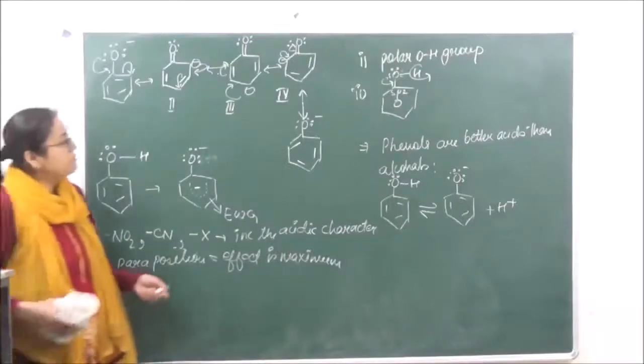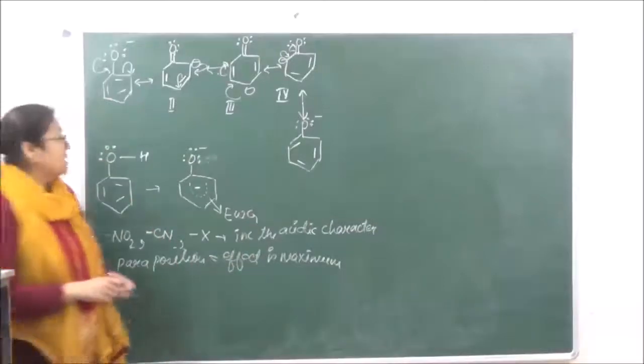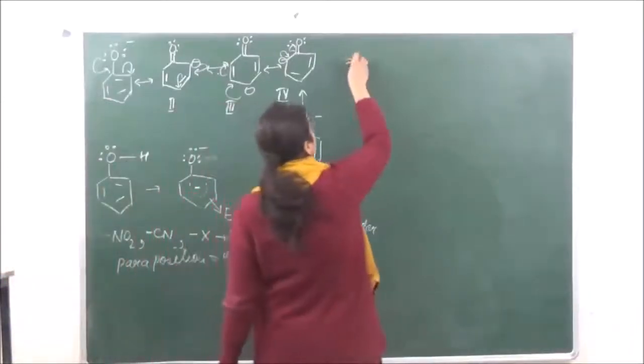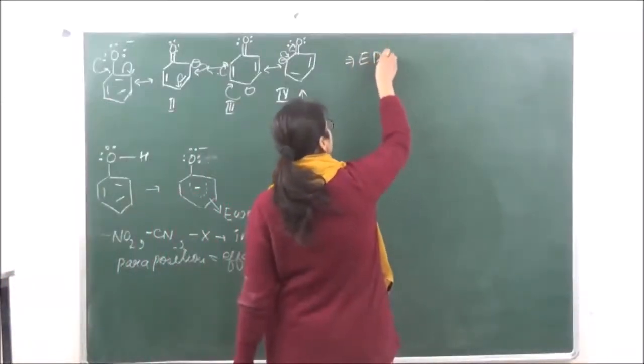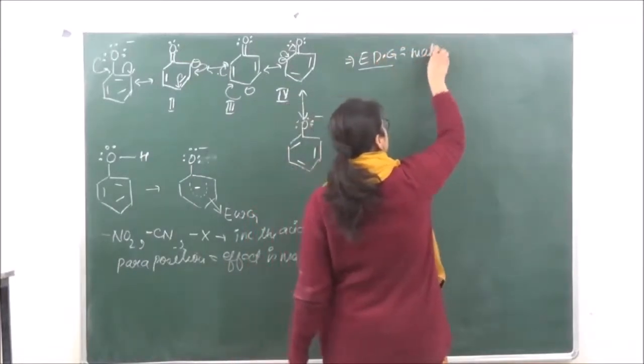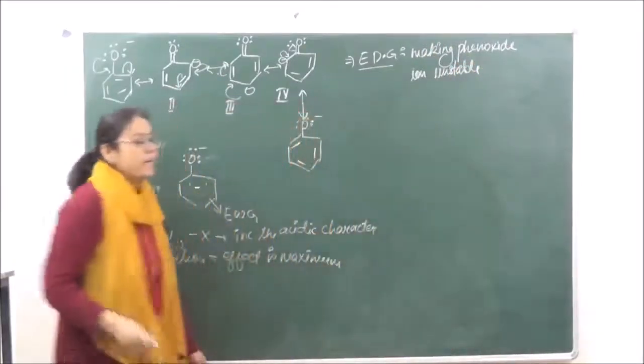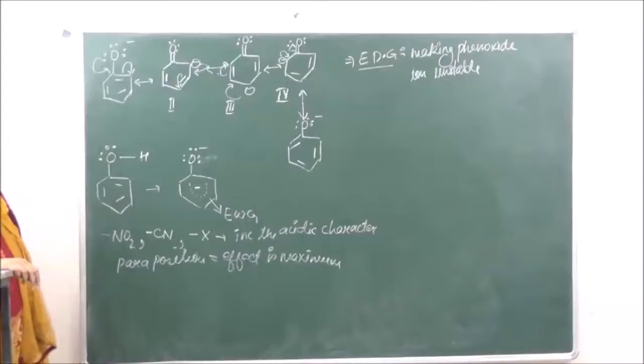On the other hand, if electron donating groups are present, they are going to increase the electron density on the benzene ring, making phenoxide ions unstable. Okay?